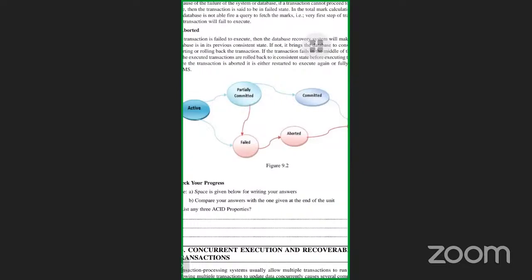I select my friend's name and enter some amount, 5,000, that I want to transfer. So I partially commit to transfer the money from my account to my friend's account. Partially committed is not yet successful. It is successful only when my friend receives the money, and then it is committed.